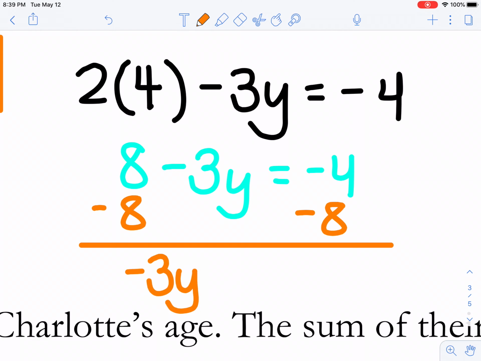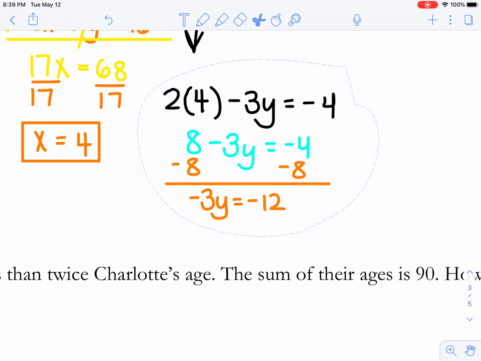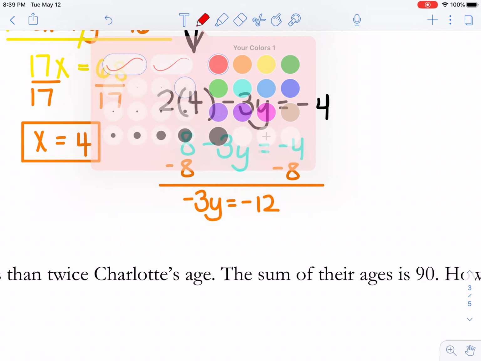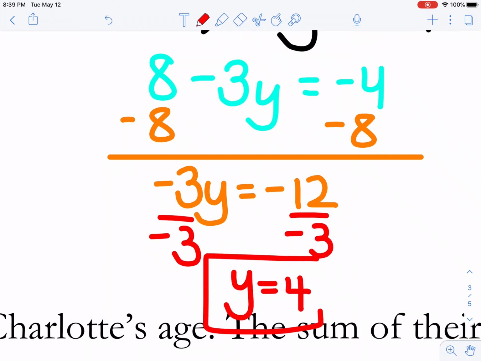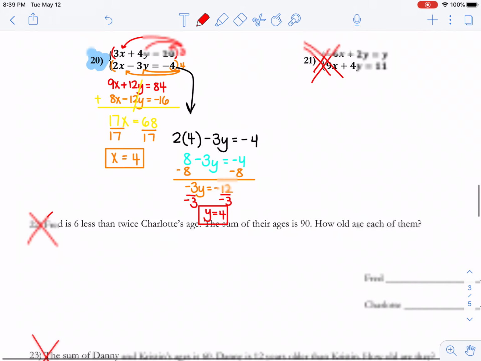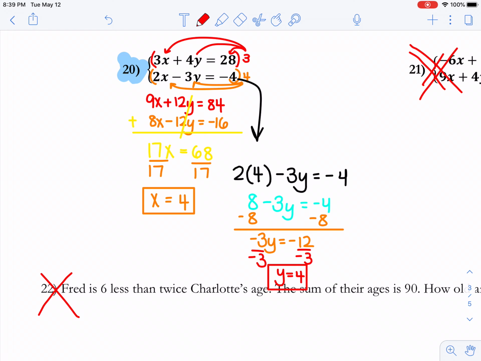Negative 3y equals negative 12. And now divide over the negative 3. So y equals 4. Which means my final answer is (4, 4).